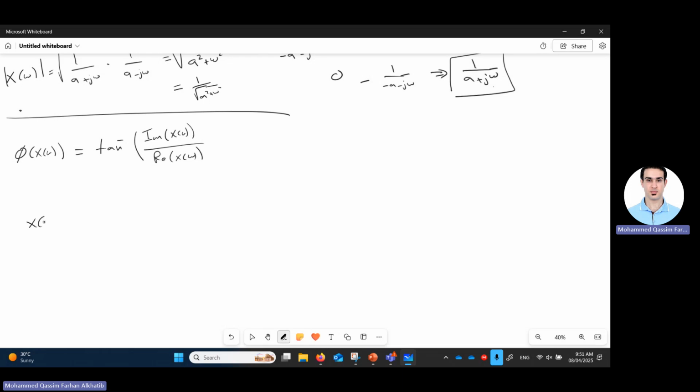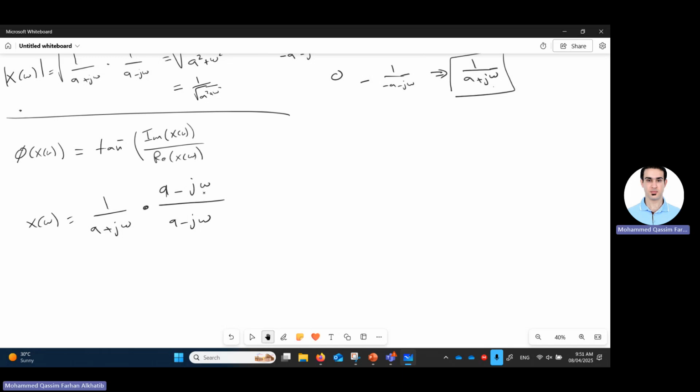So X of omega equals 1 over a plus j omega. How do we find the real part and the imaginary part? A simple way is to multiply by the conjugate of the denominator. You multiply by a minus j omega over a minus j omega.